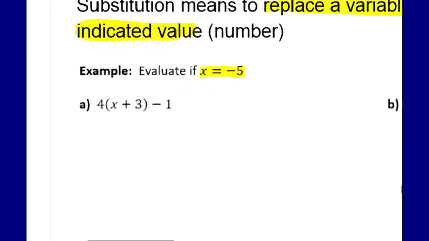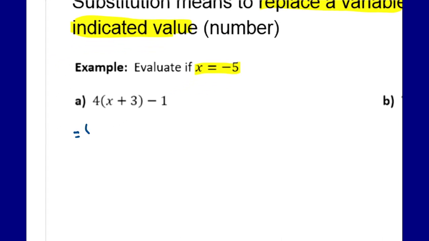So all that means is that in my expression, 4 in brackets x plus 3, bracket, minus 1, I'm going to replace x with -5. So again, this -5 has replaced my x because this example tells me that x is -5. So 4 times, in brackets, -5 plus 3, minus 1.